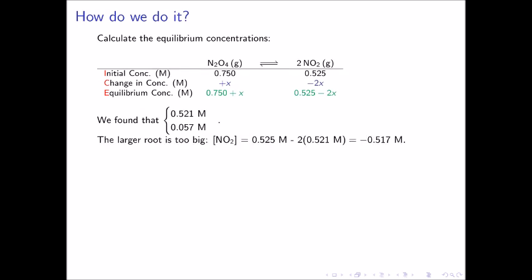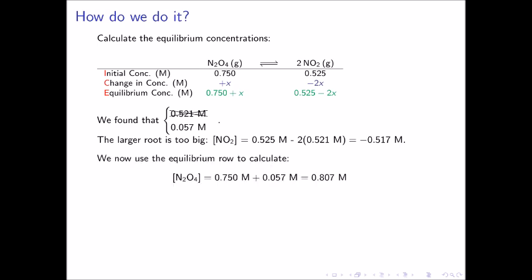If we take the larger of the two roots and substitute it into our equilibrium concentration for NO2, we find that we get 0.525 minus 2 times 0.521 molar. When we do this subtraction, we get a negative concentration, which is not physical. For this reason, we see that the top root of 0.521 is too large, and we can ignore it. The correct root to use is 0.057.